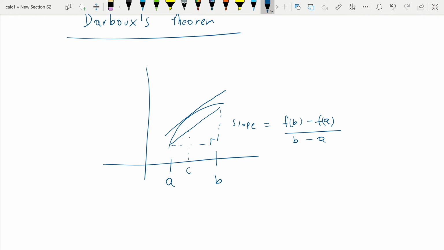At this point c, for this particular function, f prime of c is exactly equal to this quotient.